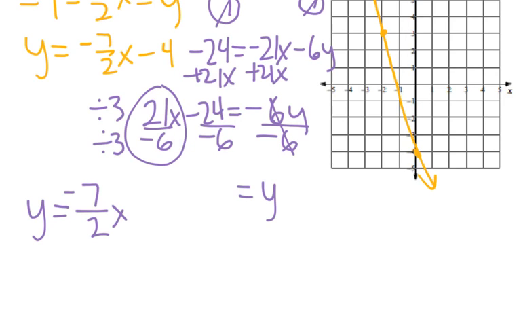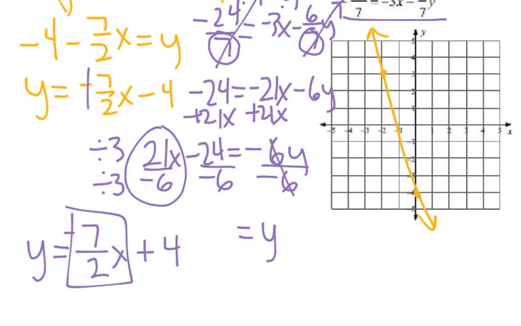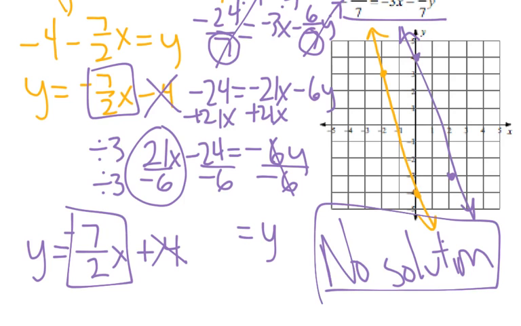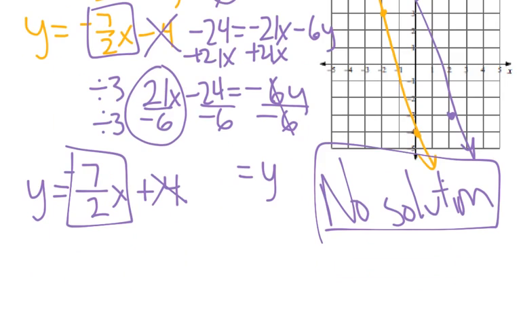Negative 24 divided by negative 6 would be a positive 4. So we've got the same slope, different y-intercepts, so these are going to be parallel, aren't they? Yep. So this is a no solution right here. Alright, so not too bad in the end.